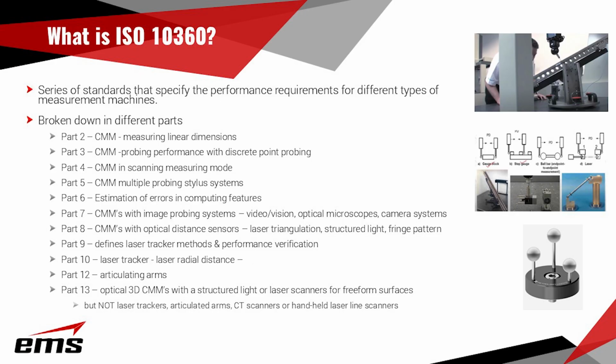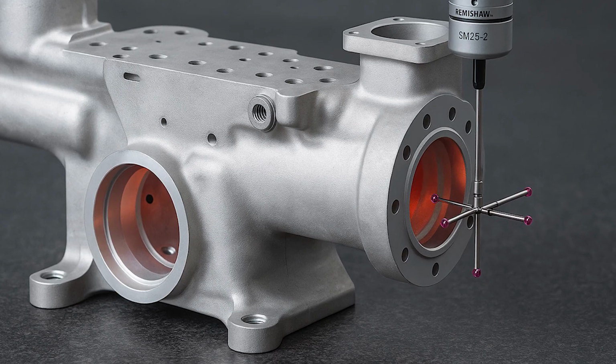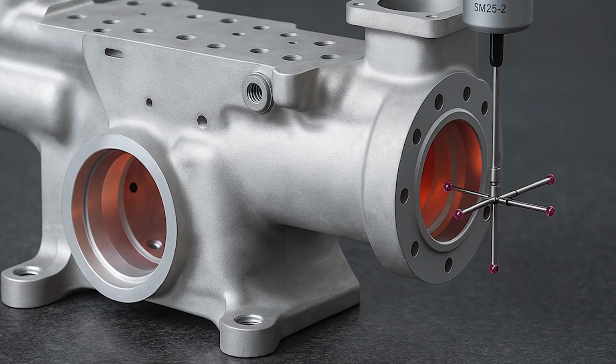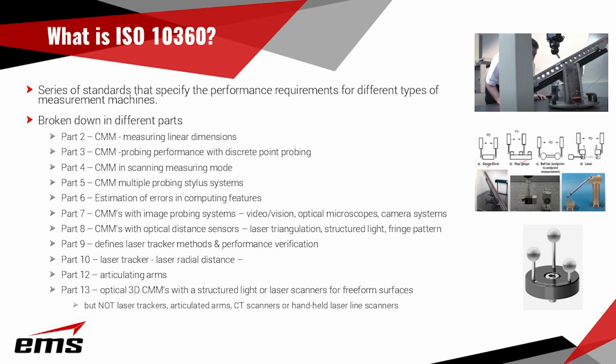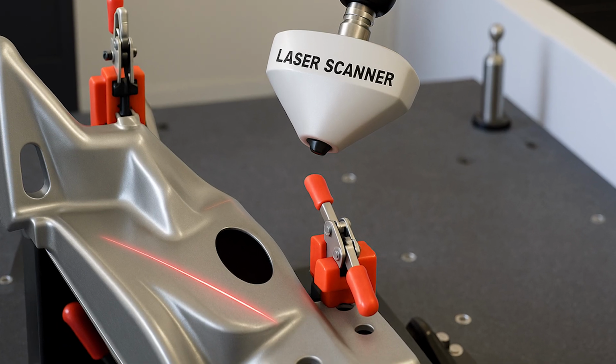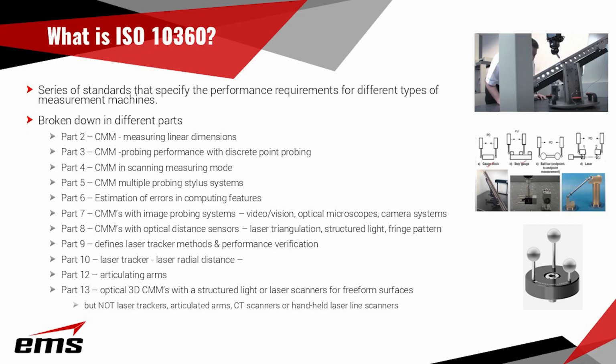And then there's a scanning measurement mode. And CMMs have multi-point or multi-probing stylus. So it looks like kind of almost T-shaped, where it has multiple tips on it. And then there's computational estimation. You can mount a laser scanner or structured light scanner on the end of a CMM. So those first 8 parts are all around CMMs, okay?